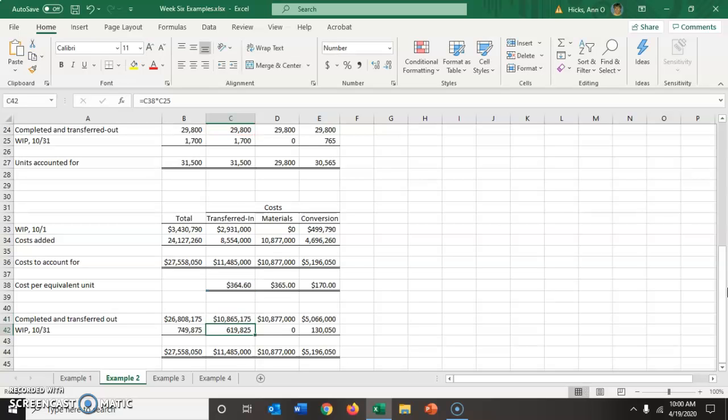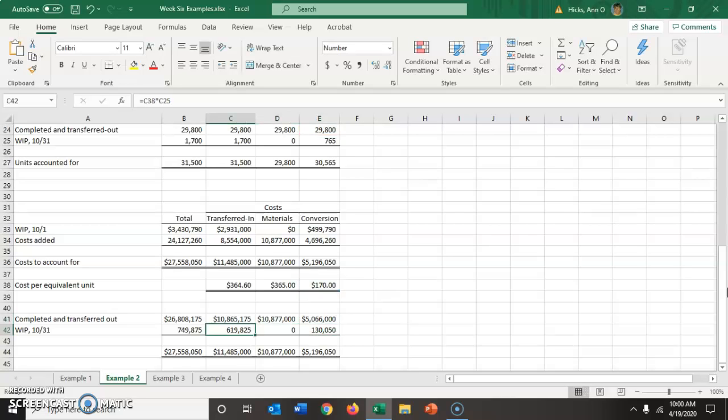So completed and transferred out, the transferred in costs will be the 364.6 times the 29,800 equivalent units completed and transferred. For materials, it will be the 365 times that same 29,800. For conversion, it will be the 170 times the 29,800.